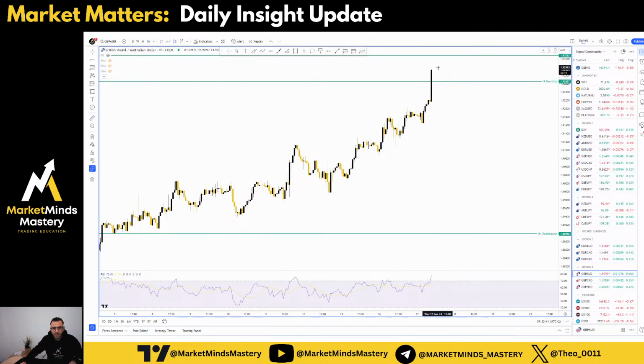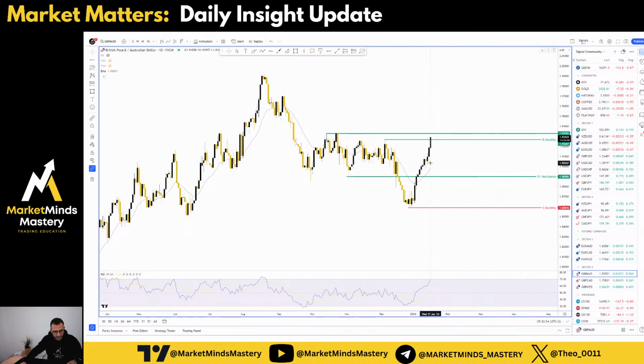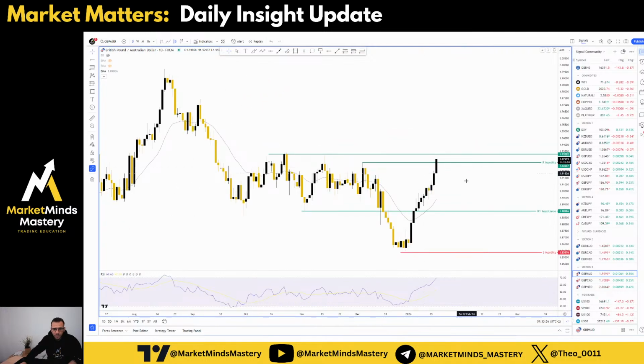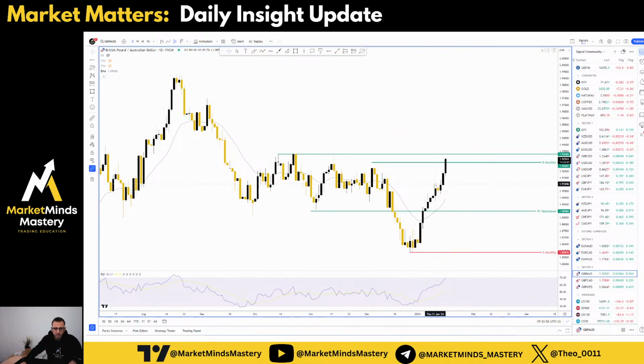So price has another 35 pips to move upwards based on this definable area of resistance. So yeah, I'm pretty bullish on this one, or for sure I'm not bearish on this one because I don't see any reversal price action. Okay.